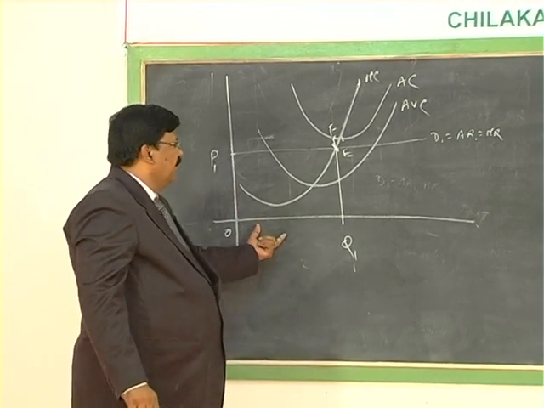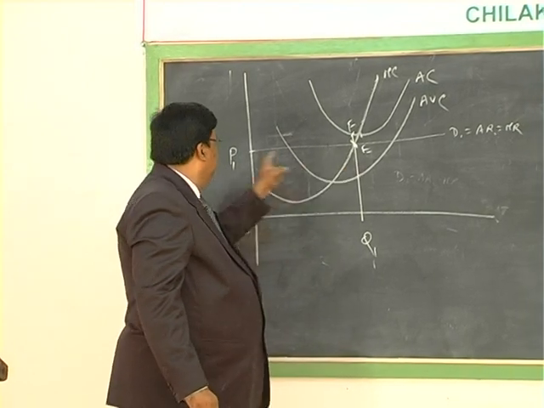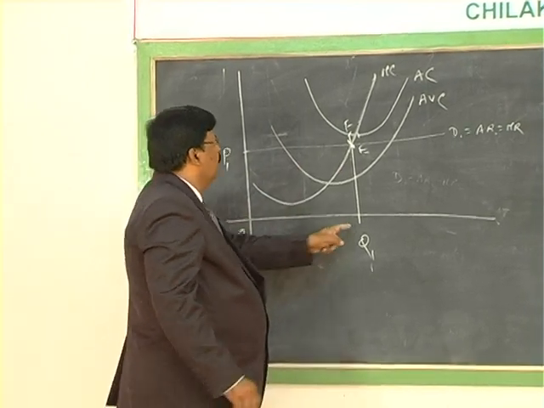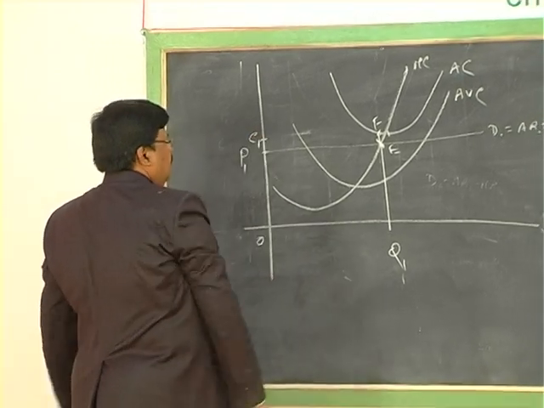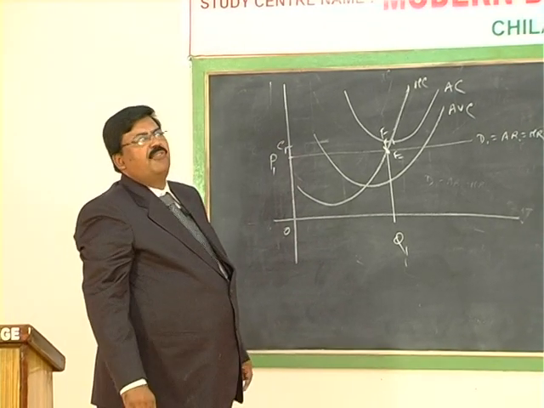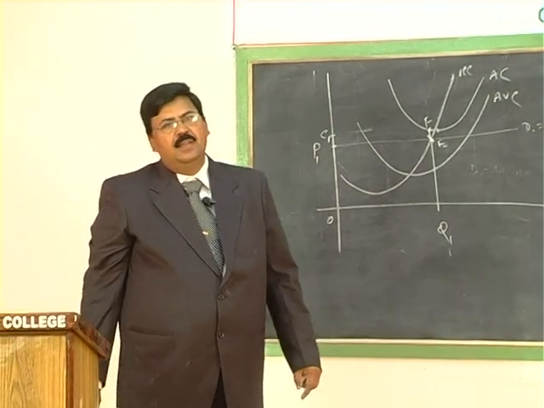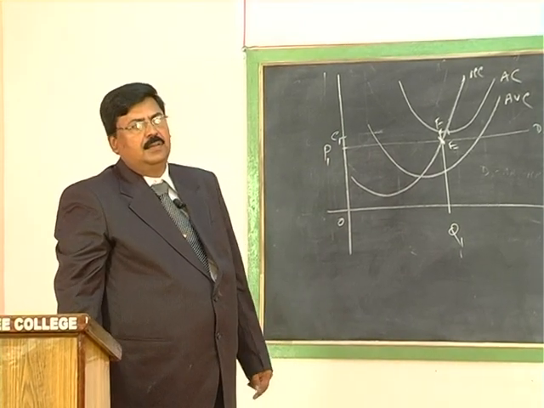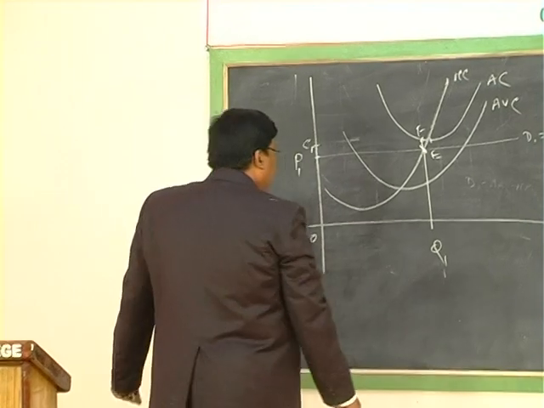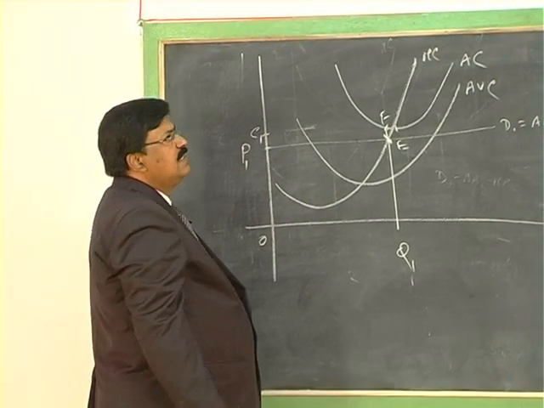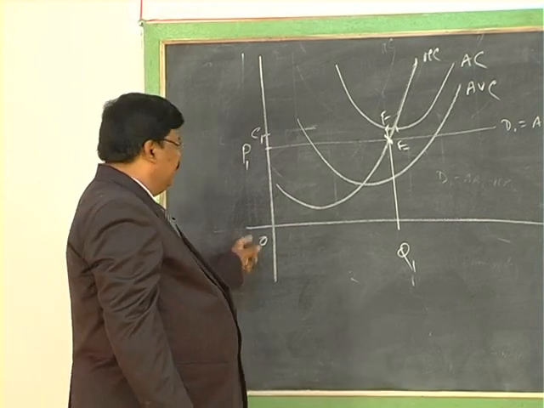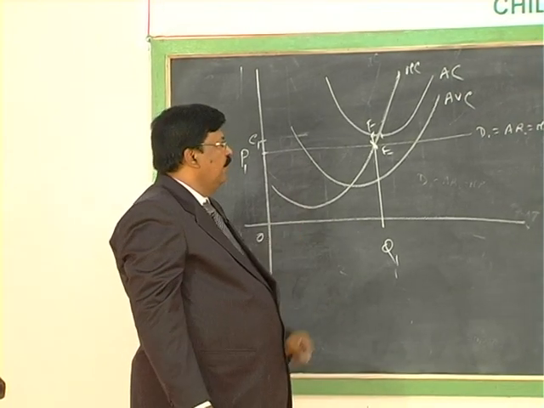OP1 price and OQ1 quantity, so OQ1EP1 total revenue and OQ1FC1 cost. So the firm is incurring loss.